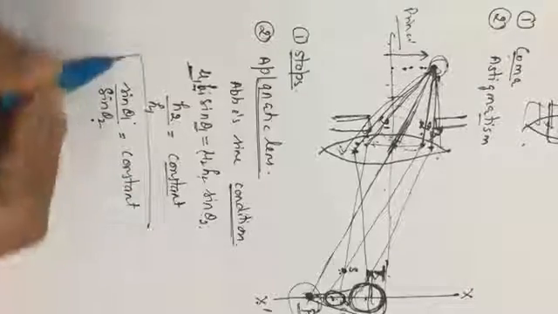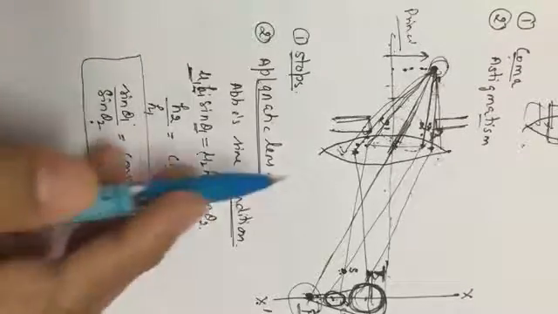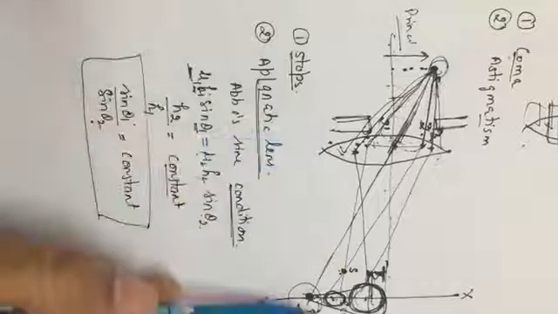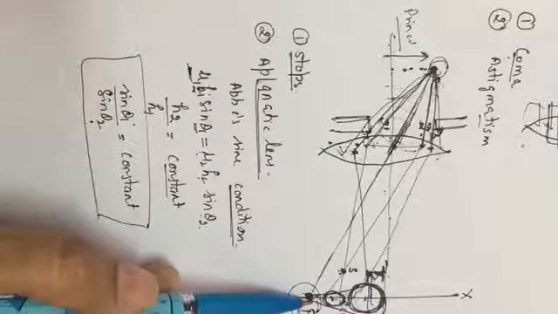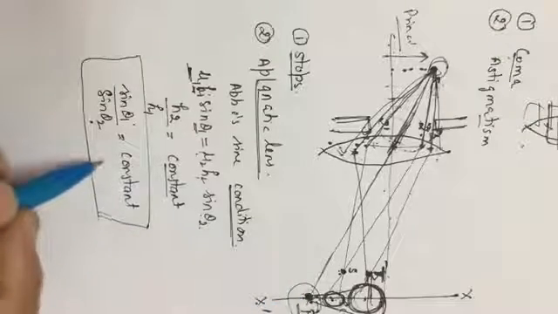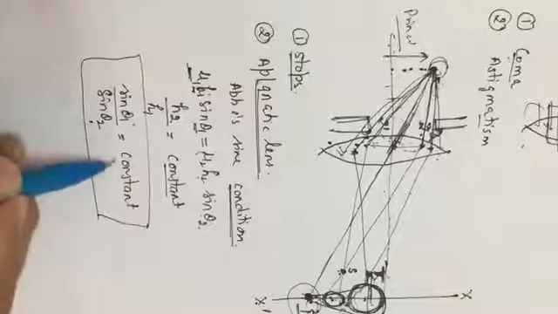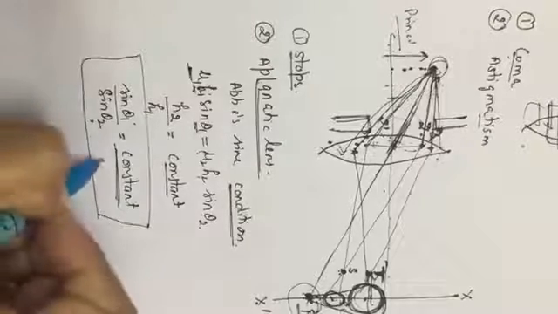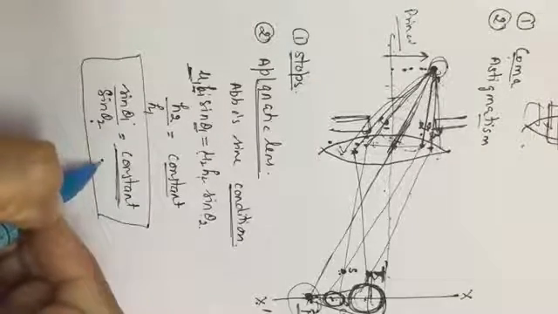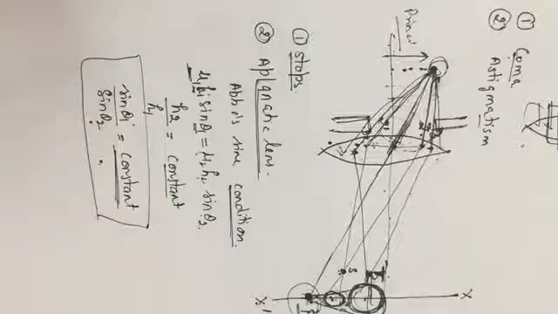If this equation is satisfied by our lens, we will eliminate or limit the coma aberration. And the lenses which satisfy this condition are known as aplanatic lenses.